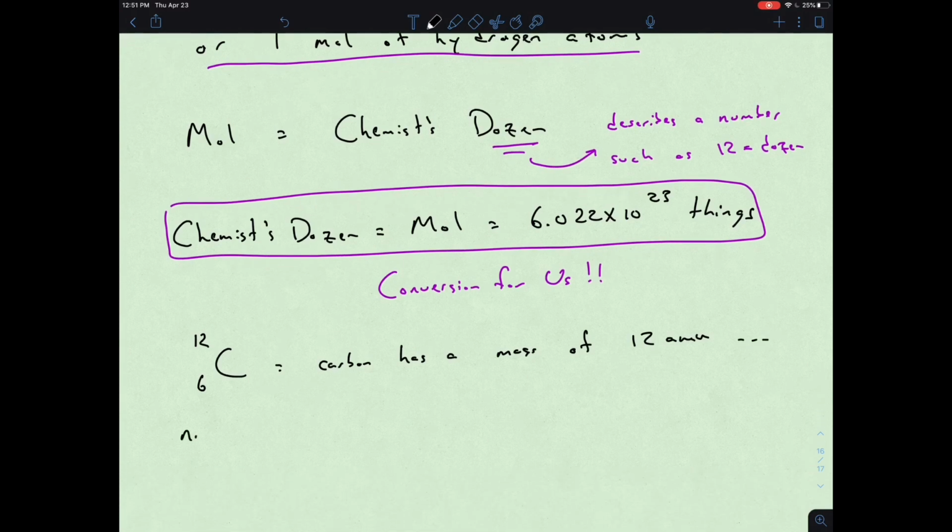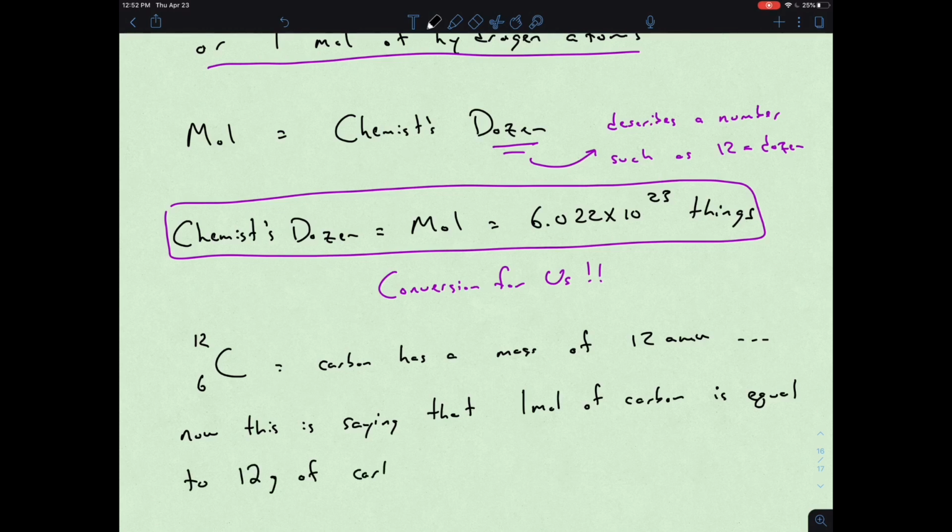But now this is saying that 1 mole of carbon is equal to 12 grams of carbon, which is 6.022 times 10 to the 23rd atoms of carbon.